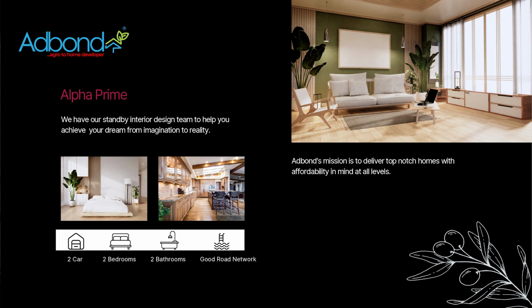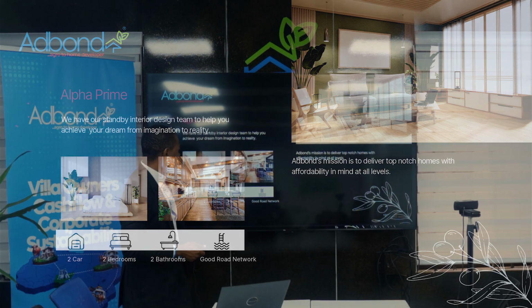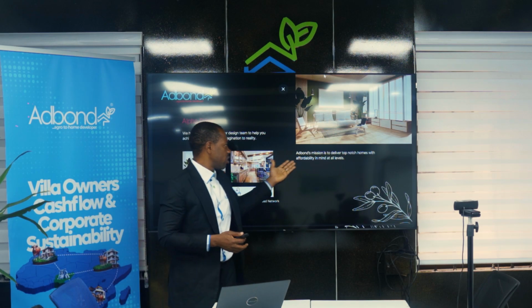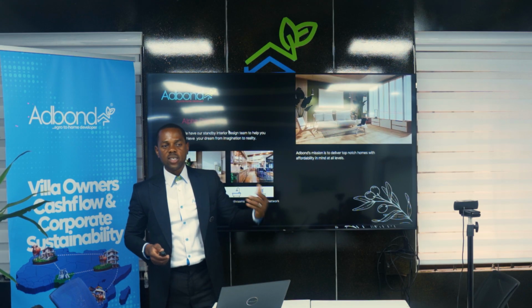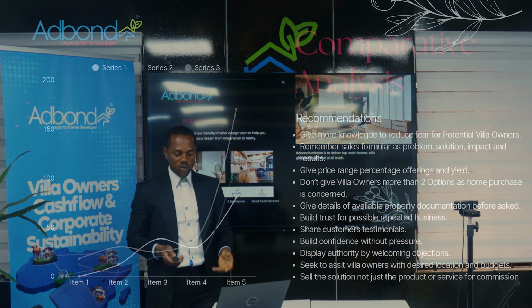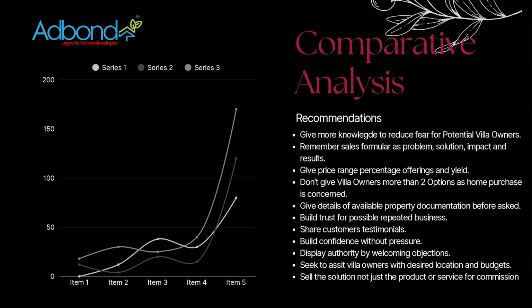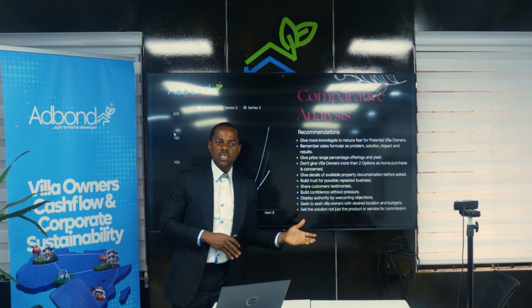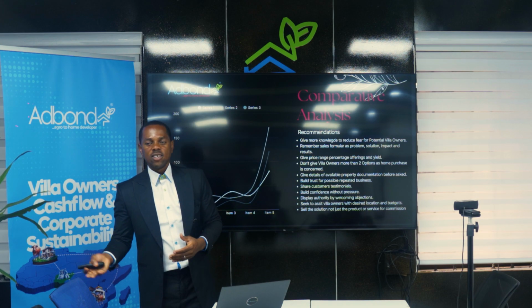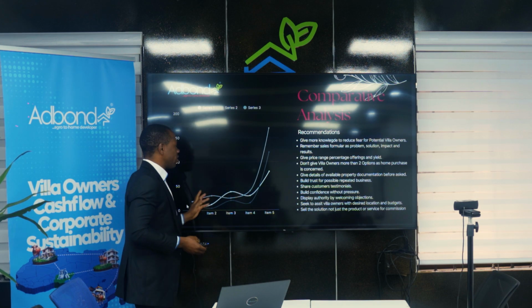So Alpha Prime, the same thing. We have standby interior design, and then our mission is also to ensure that at that level too, what we are selling is also very affordable. So then you do a bit of infographic comparative analysis that, okay, if you are picking with Visa, this is what your annual rent.